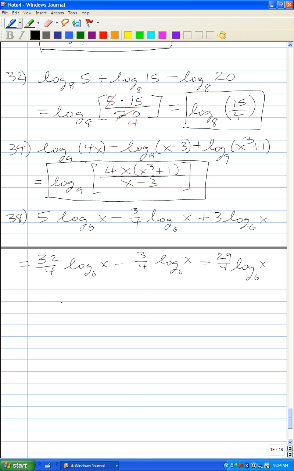And so I get log base 6 of x. Well, let's raise this up to the power of 29 over 4. And that is your answer.